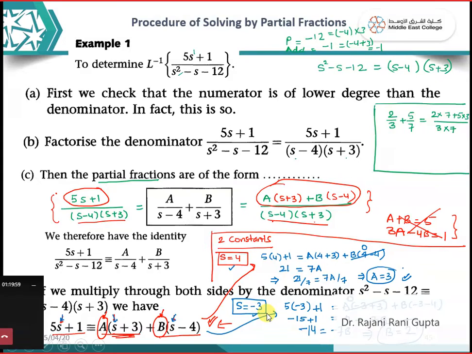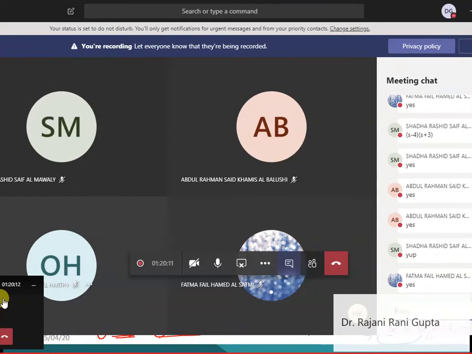So how do you know that you have to select s as 4 or minus 3? Means, how do I know? Again, there is a trick behind it. Can anyone guess where we are getting this from? How do I know that it's 4 and minus 3, which directly gives me the values of a and b?